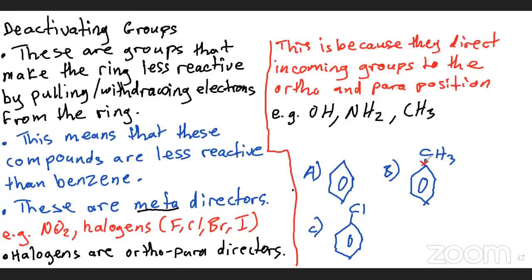So we just put a little arrow on it, pointing to the ring, to show that it releases electrons to the ring, whereas the chlorine is pulling electrons from it. So we just draw an arrow pointing towards chlorine. So a question similar to this was on a past paper. I don't remember which one.